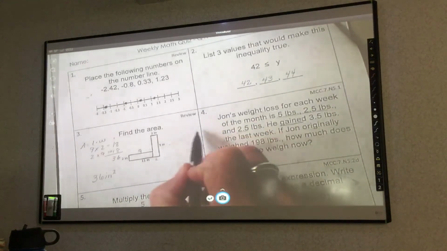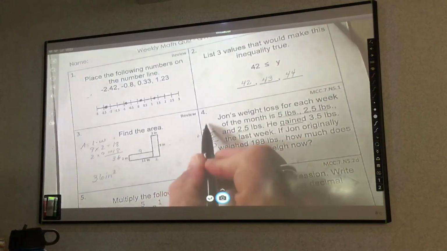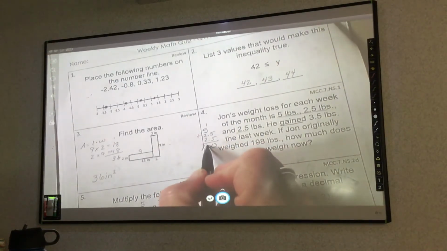I added all of my weight loss. So I did 5 plus 2.5 plus 2.5, and I got 10 pounds.